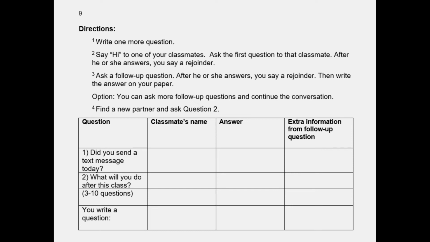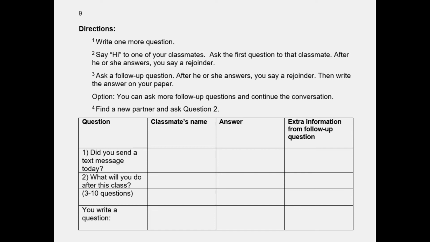And then number two, they'll start by saying hi to one of your classmates. And they ask the first question to that classmate. And after he or she answers, you say a rejoinder. And then, number three, you ask a follow-up question. And after he or she answers, you say a rejoinder. And then write the answer on your paper.